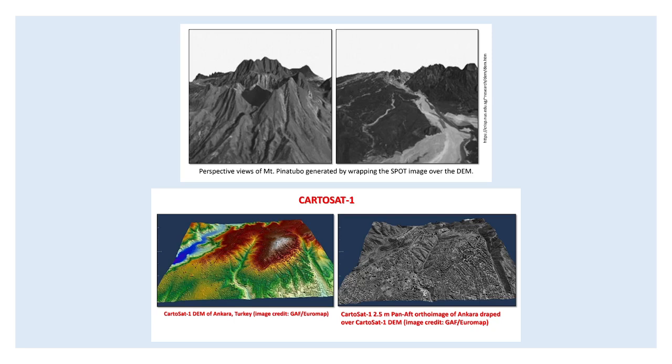So here sir has also given an example of the Cartosat. This is Cartosat 1 data of a 2.5 meter resolution, I think. And this is the panchromatic image, okay? This is a colored image on the left, and the other one is a panchromatic, black and white image kind of thing.